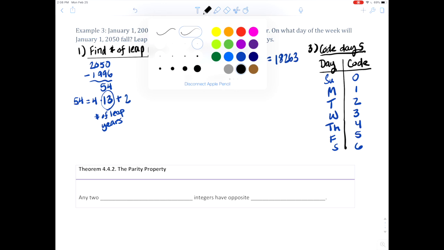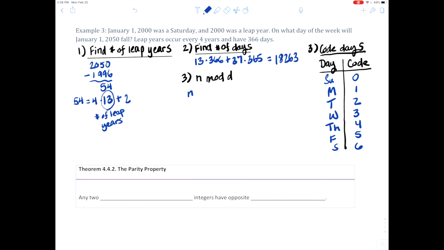Well, our n is going to be the number of days that are in that range of years, plus the day we're starting on. So we're starting on what we've coded as day 6. And so that's going to be 18,269. Well, we know that d has to be 7 because there's 7 days in a week.